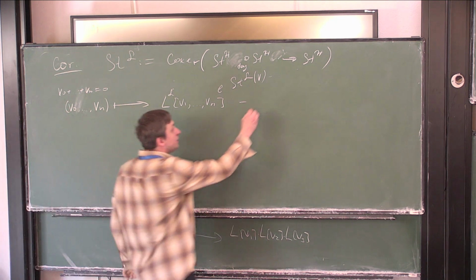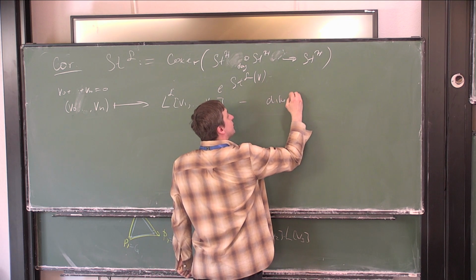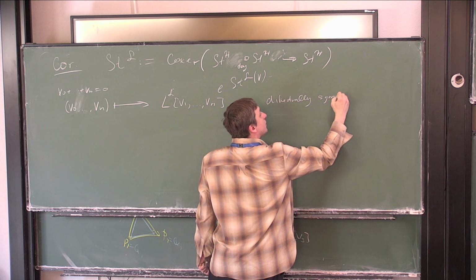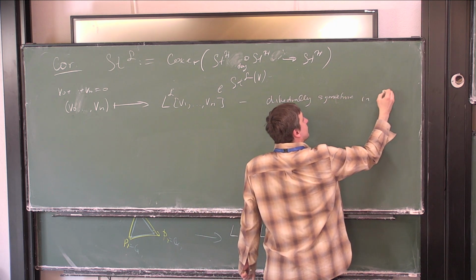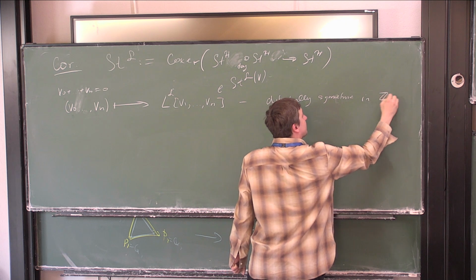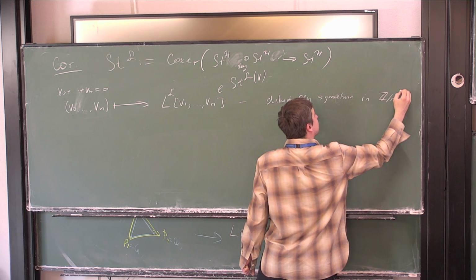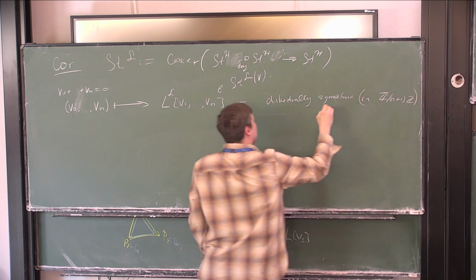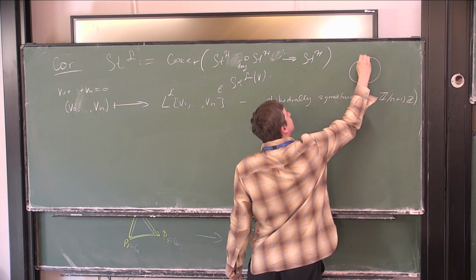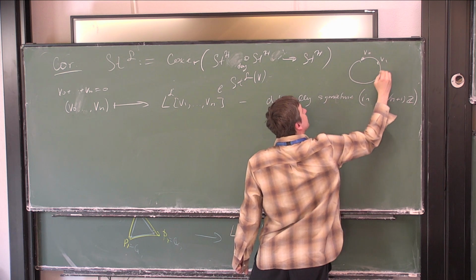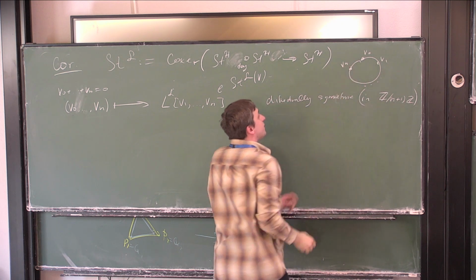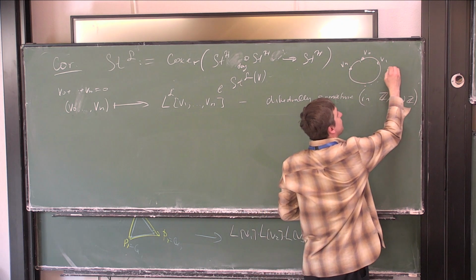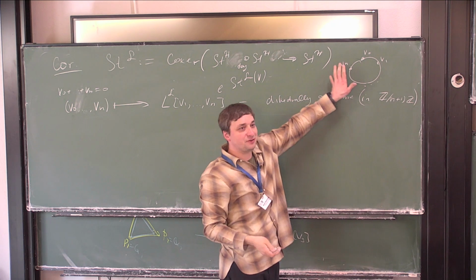It's dihedrally symmetric in Vn mod n plus 1 Z. So what it means is that if you think of this as a function on circles, where the labels of n plus 1 points are the vectors and the sum is 0, then this has all the natural symmetries that you have in this picture.